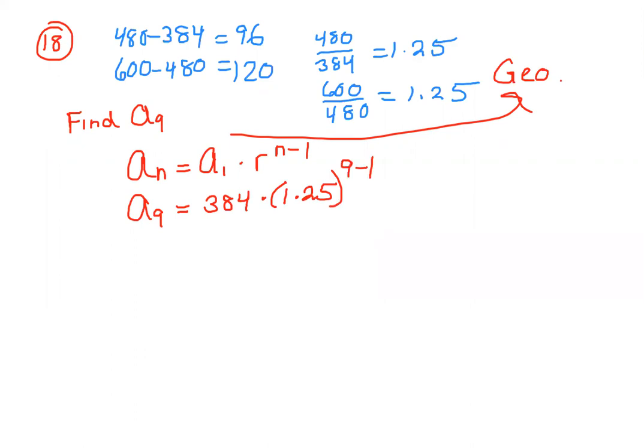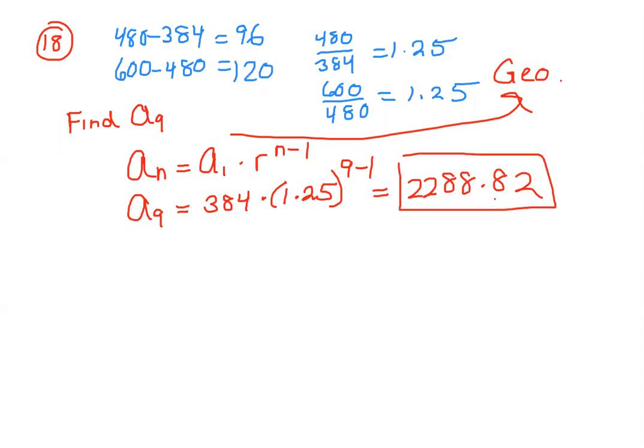So you're going to go ahead and do that on your calculator, and you should get 2288.82. Okay, it says round the answer to your nearest hundredth. That's 2 places. So this is approximately how many points he's earned after 9 hours.